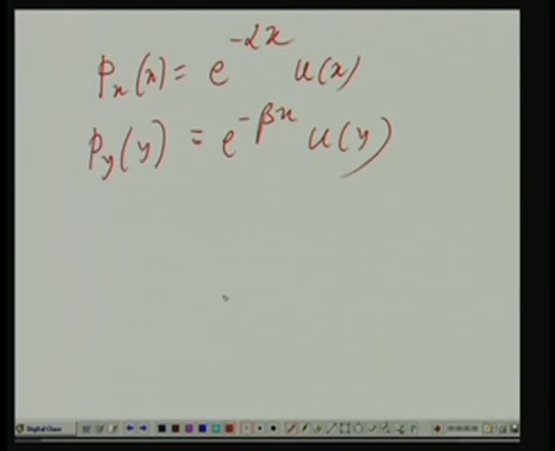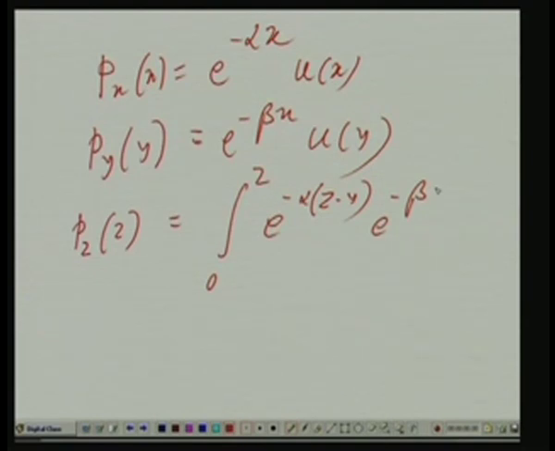Okay. Then what is Pz? Integral, both are causal, so the integral goes from 0 to z, e to the power minus alpha z minus y, e to the power minus beta, sorry, this should be y.